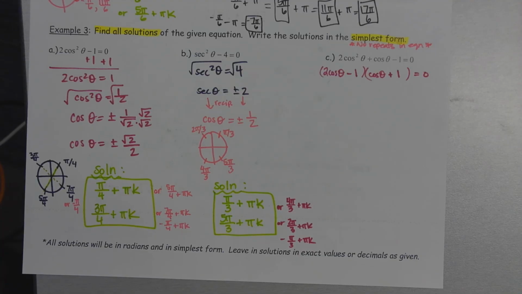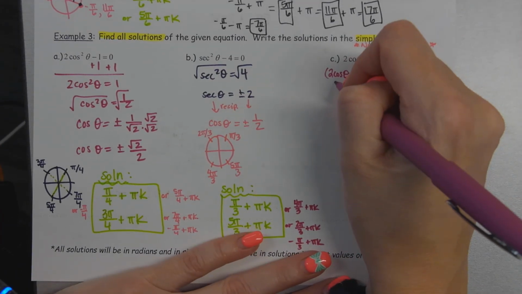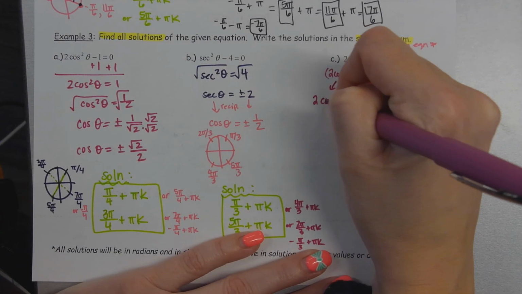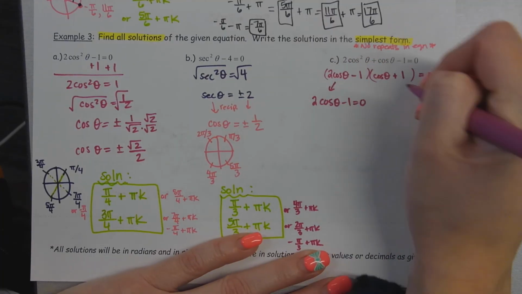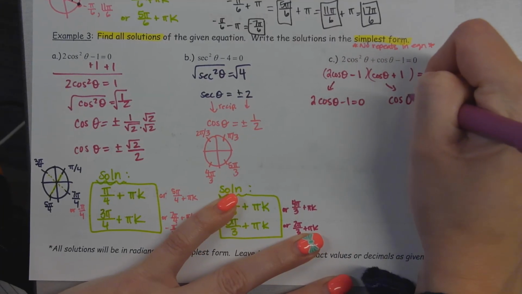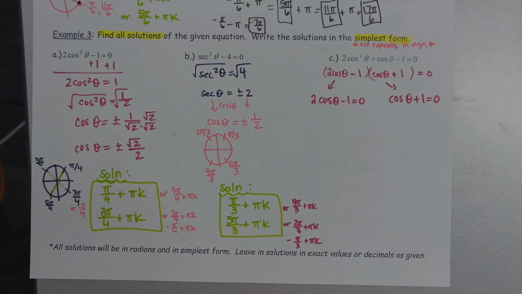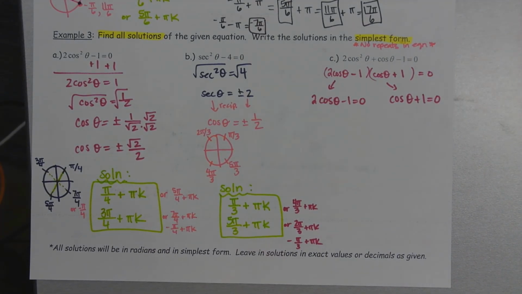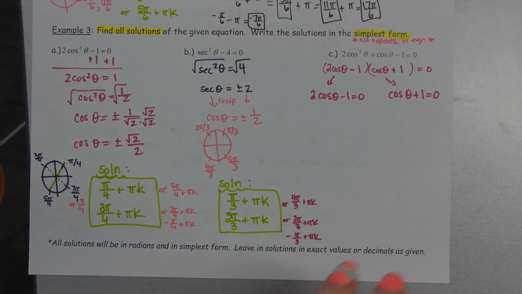From there, you're just going to set each one equal to 0. So you have 2 cosine of theta minus 1 equals 0, and the cosine of theta plus 1 equals 0. And just like when we're factoring, where it can be this or this, these are going to produce different solutions and they're all going to be part of our final answer.